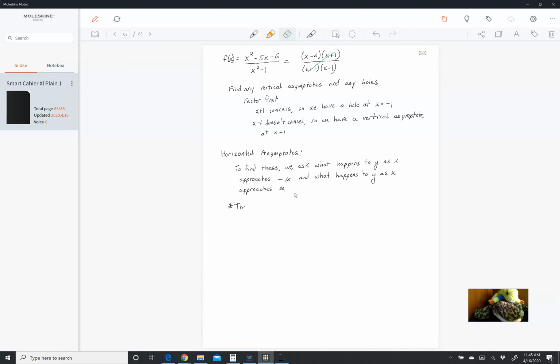There can be no more than one horizontal asymptote, because sometimes you don't have one. And that's because it wouldn't be a function otherwise.